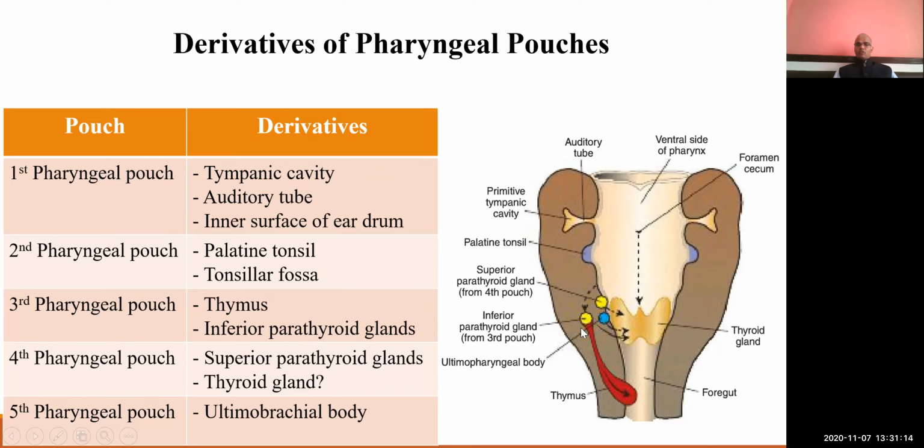The third pharyngeal pouch gives the thymus gland and the inferior parathyroid gland. The fourth pharyngeal pouch gives the superior parathyroid glands and thyroid glands. And the fifth pharyngeal pouch gives the ultimobranchial body.